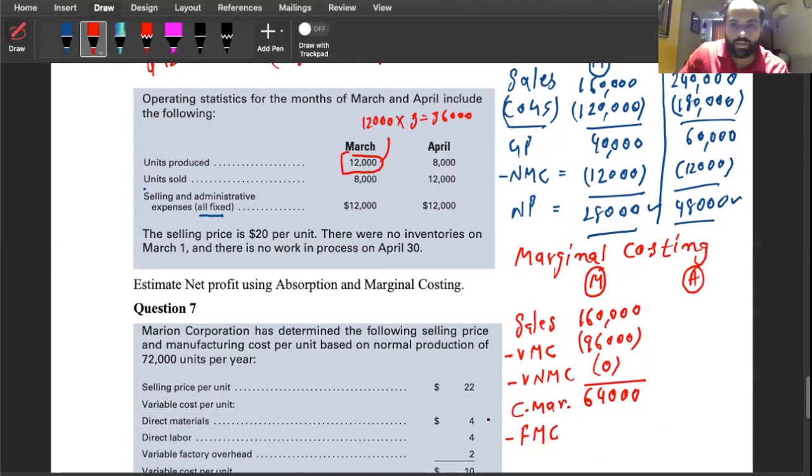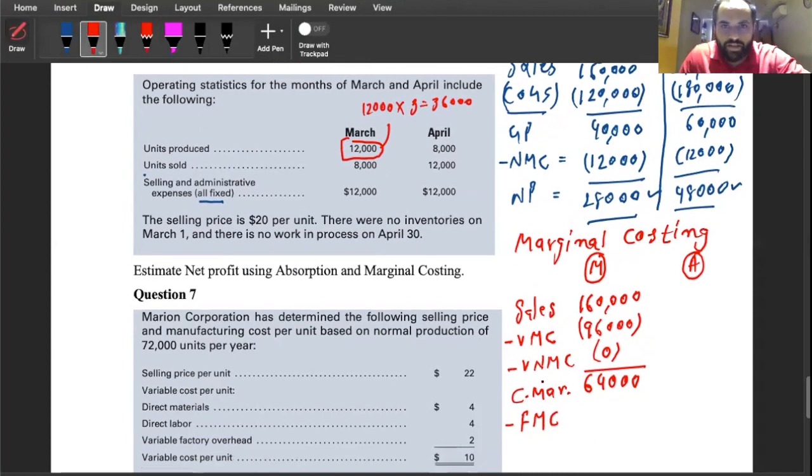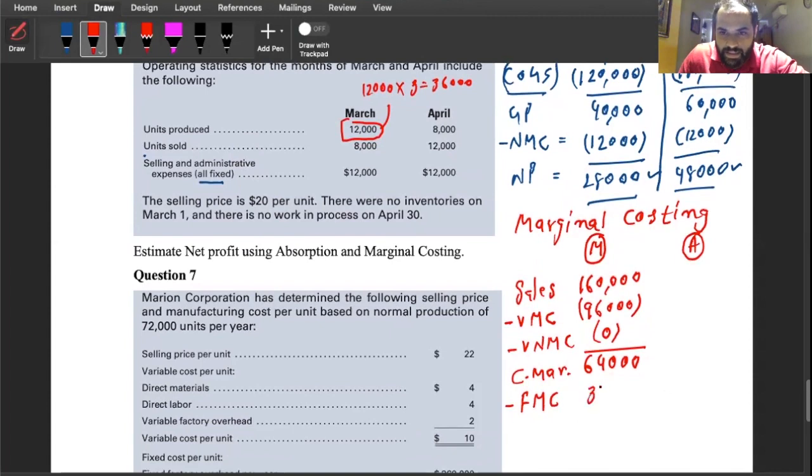So fixed manufacturing cost is 36,000, minus fixed non-manufacturing cost. How much is fixed non-manufacturing cost? 12.